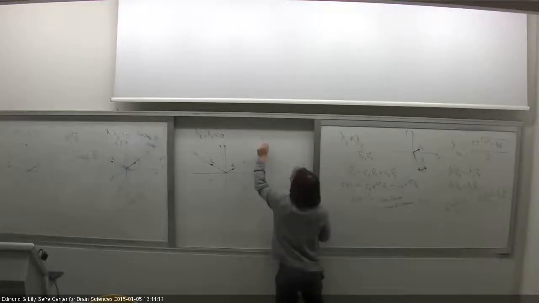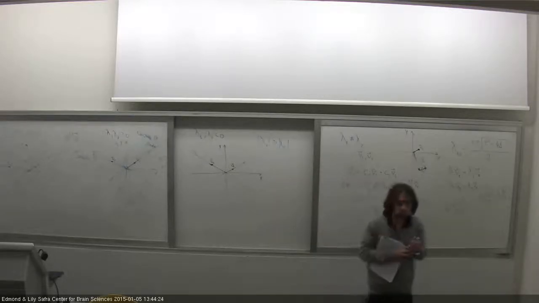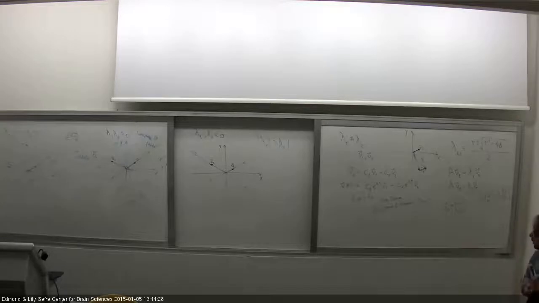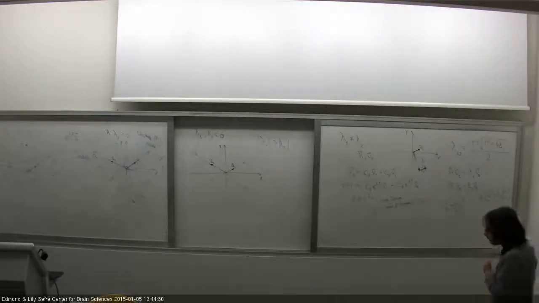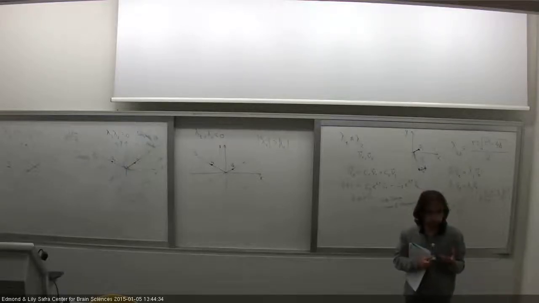Now say lambda 1 is more negative. This is a faster decay than lambda 2.